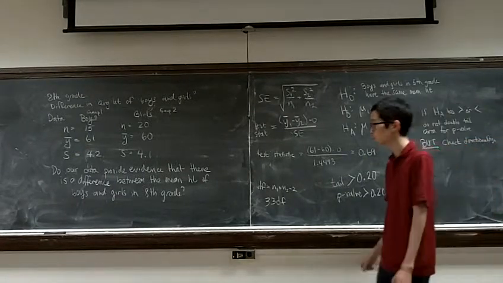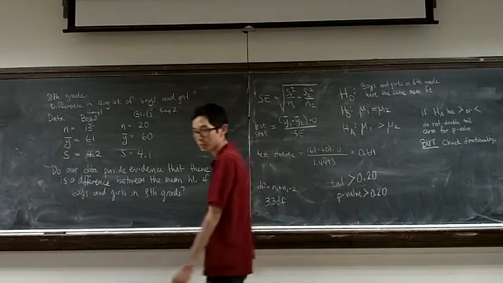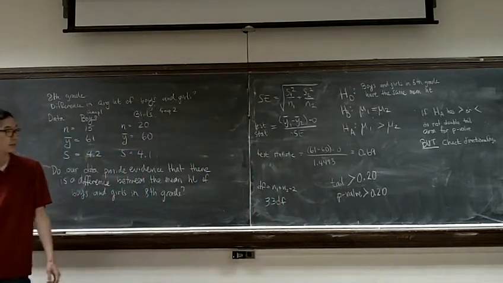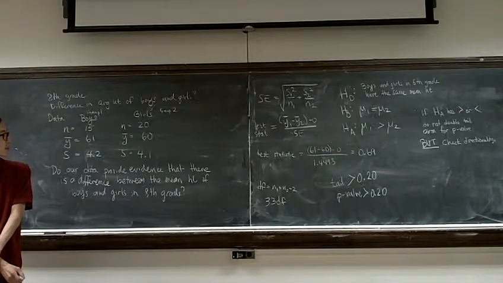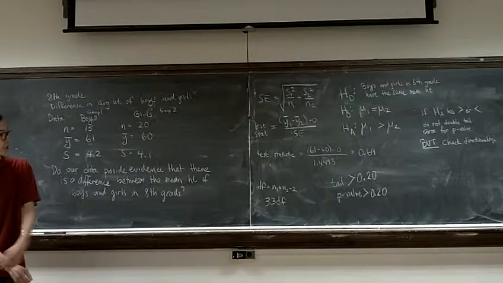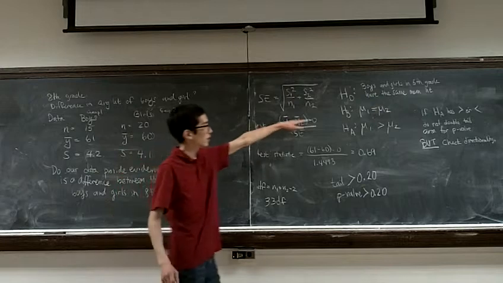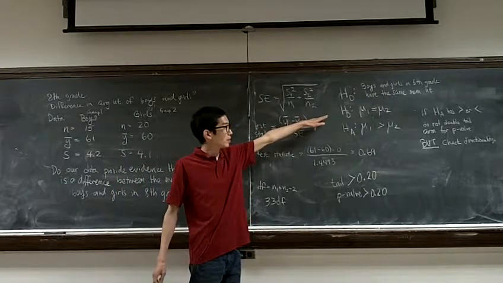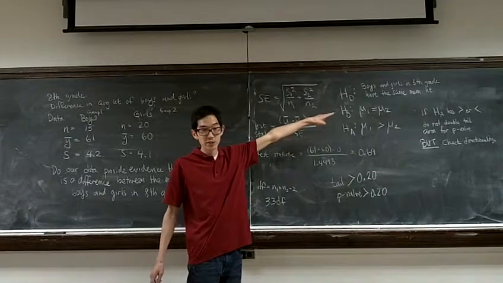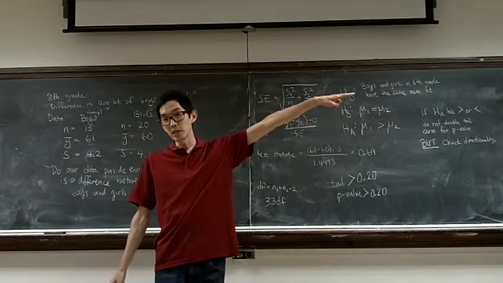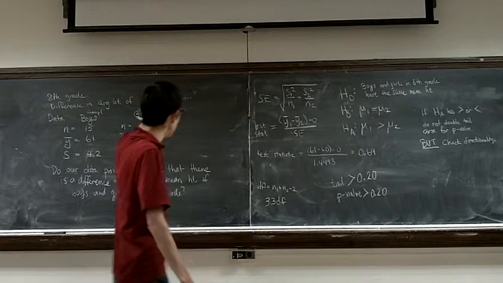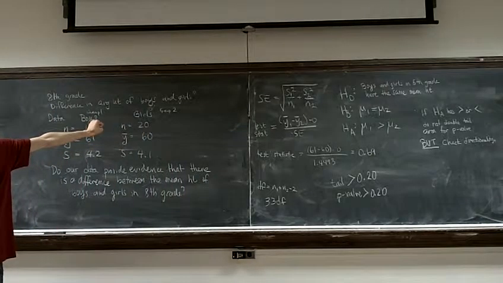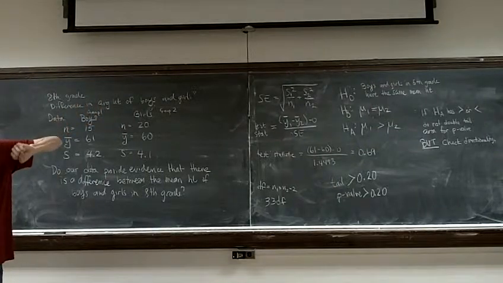What should my conclusion be regarding the null hypothesis? Do I have or do I not have evidence to reject this null hypothesis? My null hypothesis says that boys and girls in 8th grade have the same mean height. Does this provide evidence against that, or does it not?